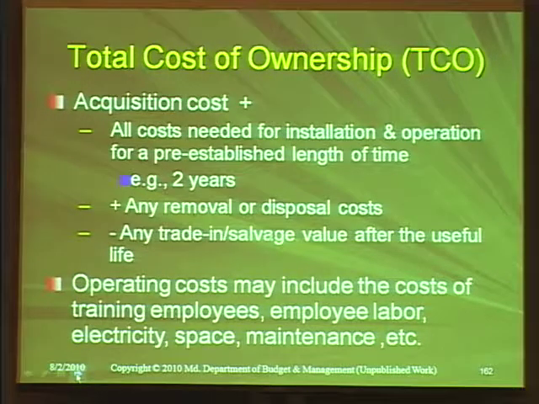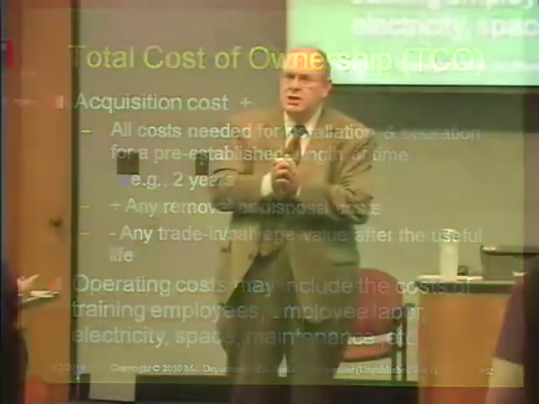So what total cost of ownership does is look at not just perhaps the initial price, not who is the cheapest for the initial delivery of something, but who's going to be less expensive over a given period of time. And the most typical application of this is to buy equipment or something of that nature, where you have a tangible cost to buy it, but then you may have costs to install it, operate it, maintain it, remove it, dispose of it, things of this nature.